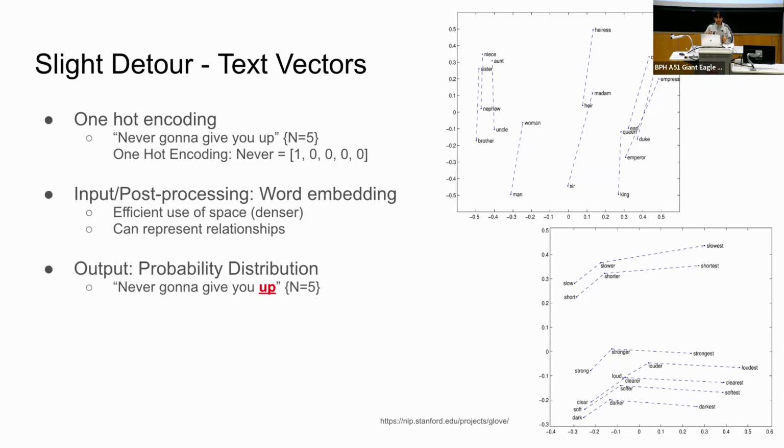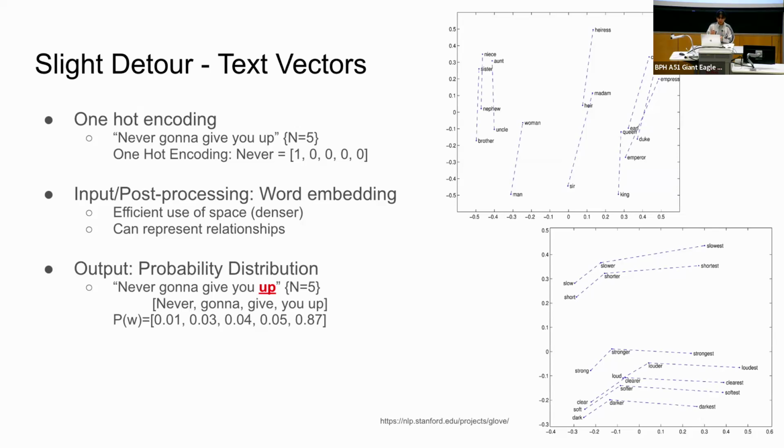So what are you exactly predicting? Let's say our input was "never gonna give you," and we were expecting the model to output the word up. When you're using an RNN or something similar, you output the probability distribution for all of the words in the dictionary. In this case, we were dealing with 5 different words, and the network looks at "never gonna give you" and gives the probability of the word never again.